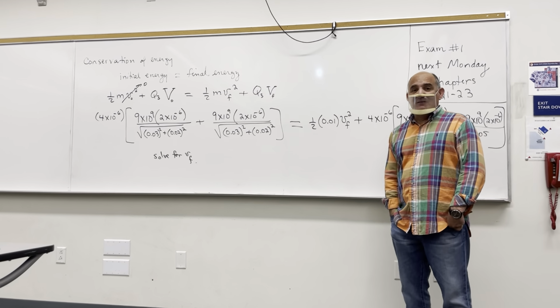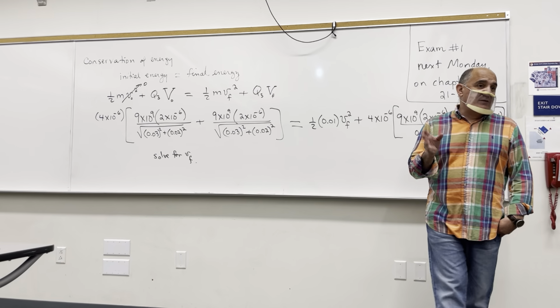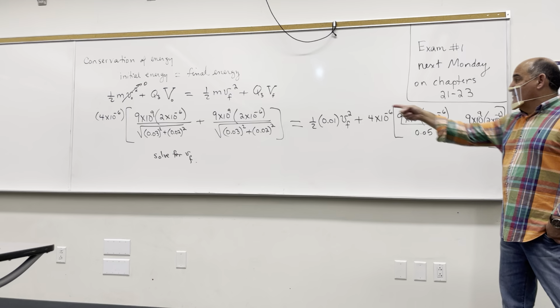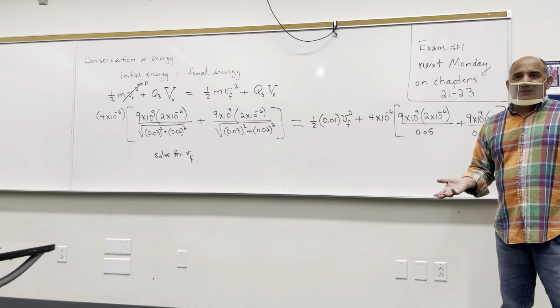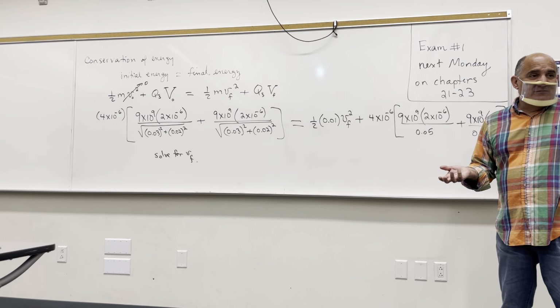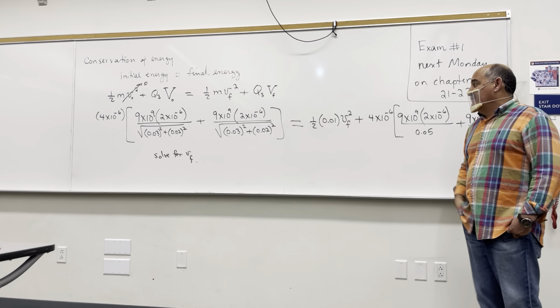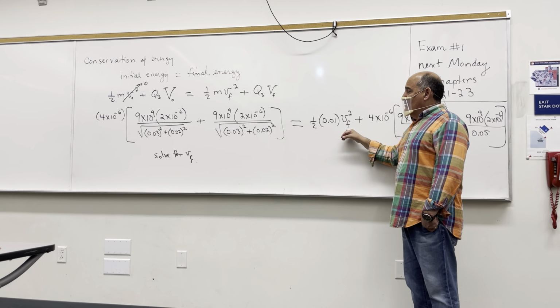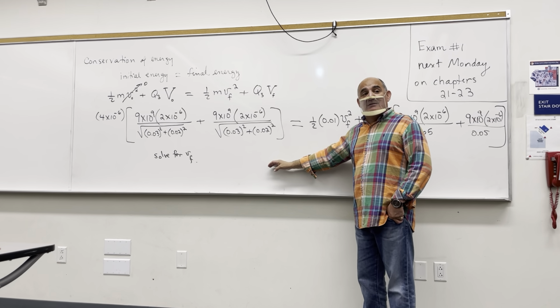So show what numbers you plugged in, and then if that's correct, the only explanation for the wrong answer is that you made a calculator mistake, right? But if I don't see this, but I see a number, then it may be that you didn't make a calculator mistake.